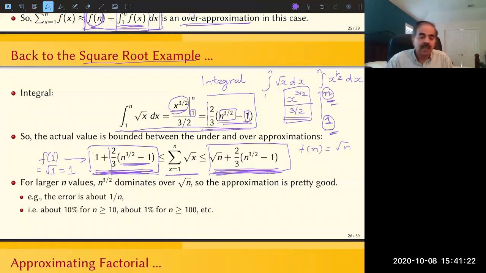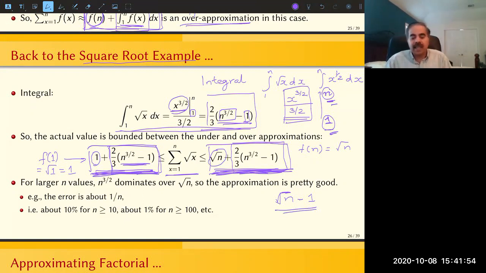So the difference is square root n, or rather square root n minus 1. If you look at this term and this term, the integral is of course the same. So the only difference is there is a 1 here, and there is a square root n there. So the difference is going to be square root n minus 1.